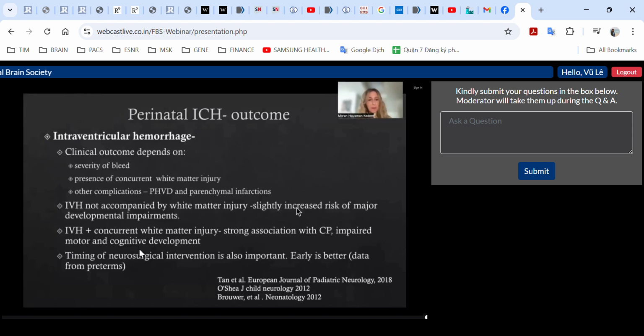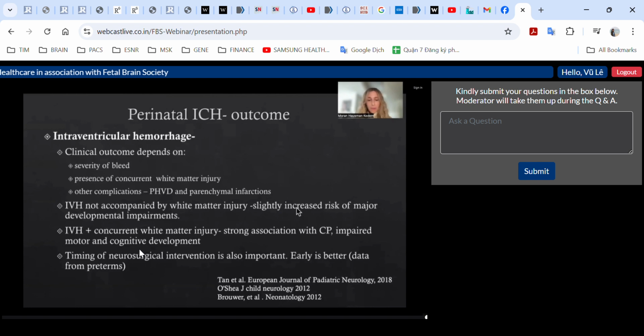And interestingly, IVH, if it's not accompanied by a white matter injury, carries only a slightly increased risk of major developmental impairment, whereas IVH accompanied by white matter injury has a strong association with cerebral palsy, with impaired motor and cognitive development.